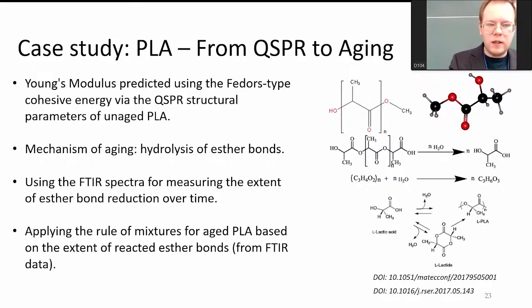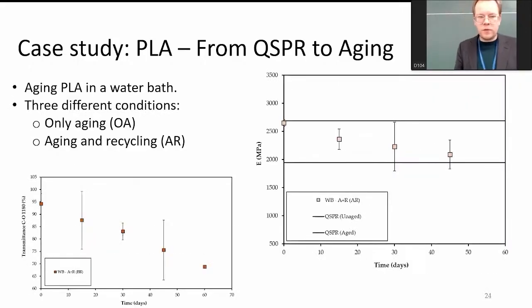We know that the mechanism is hydrolysis of ester bonds, and then we use infrared Fourier transform spectroscopy to measure the change in the intensity of the peak and to see the reduction over time. And then this FTIR data we feed into the QSPR model, and then we obtain the predicted mechanical properties.